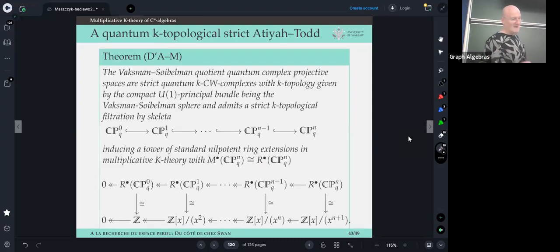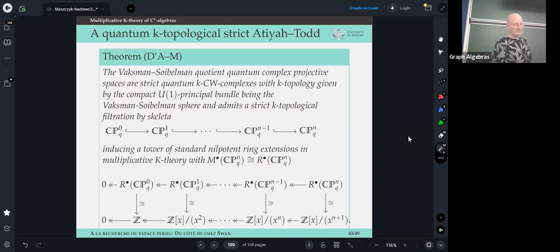And then in this language, we could revisit the situation Francesco was showing, about these two non-commutative kinds of filtration by skeleton of complex projective spaces. So one is strict.